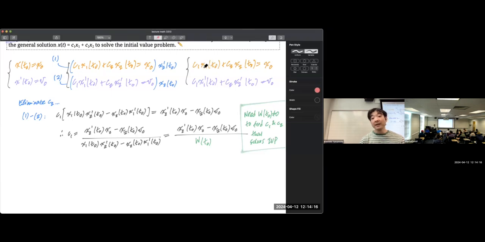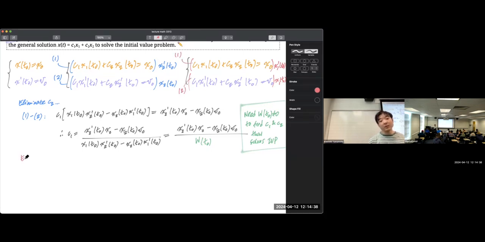Which means I need this x1 to also be multiplied by x1 prime of t naught, and I need this to be multiplied by x1 at t naught. Sorry that this is smushed, but this is at t naught. Then I'll label this as 1 and this as 2.